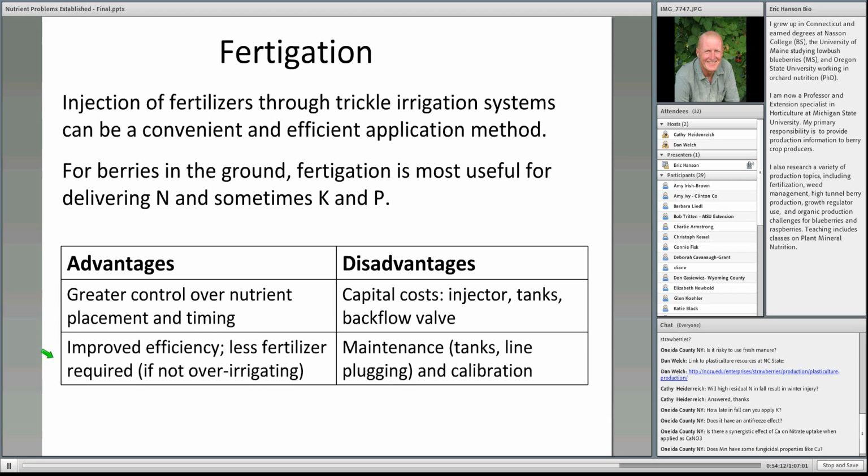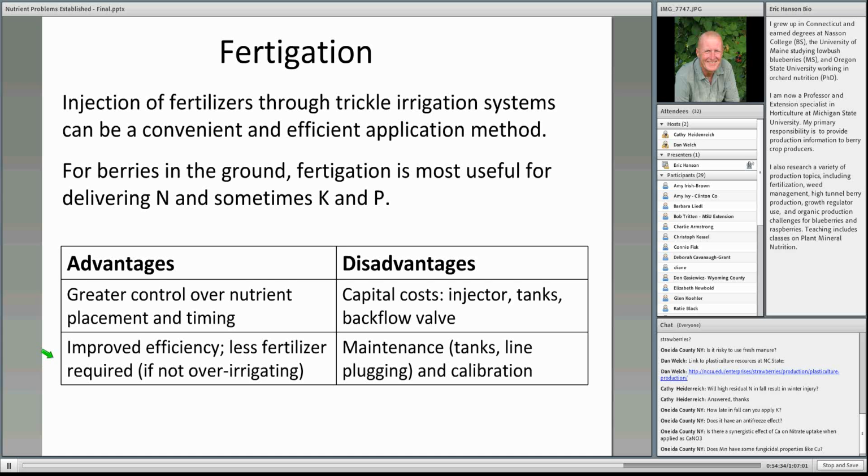And then lastly, I wanted to mention fertigation. This is, of course, the injection of fertilizers through trickle irrigation systems. The reason this is appealing is it's so convenient, and it's a way of increasing the efficiency of fertilizer use.